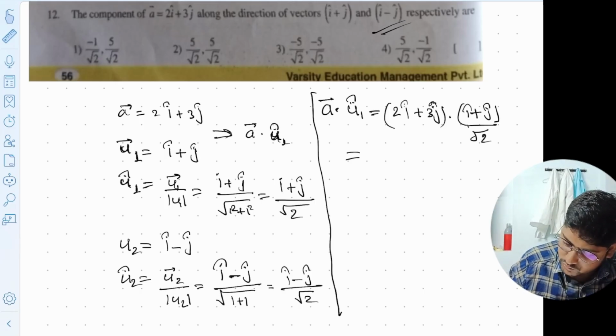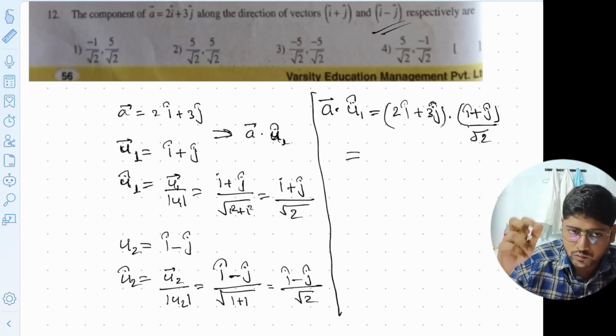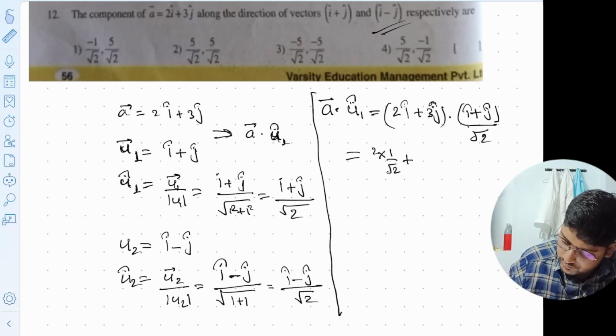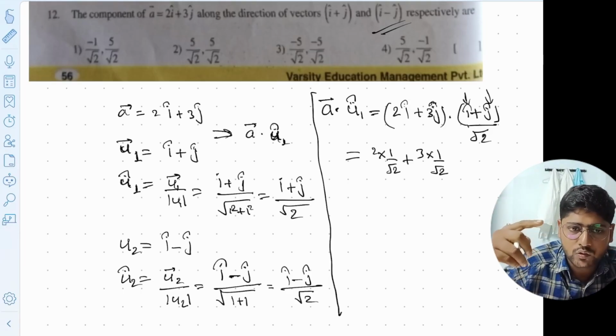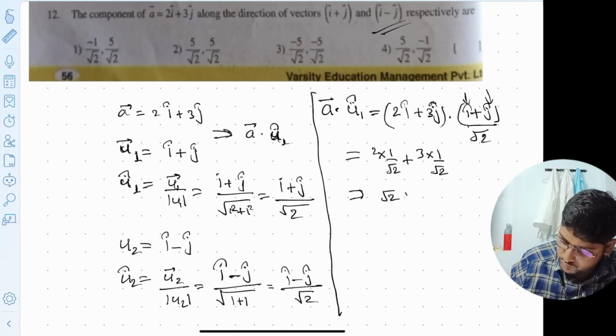So it equals 2 into 1 by root 2 plus 3 into 1 by root 2, since both are 1 by root 2 only. This implies 2 by root 2 plus 3 by root 2, which equals root 2 plus 3 by root 2.